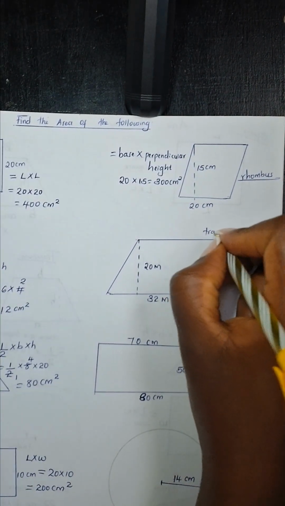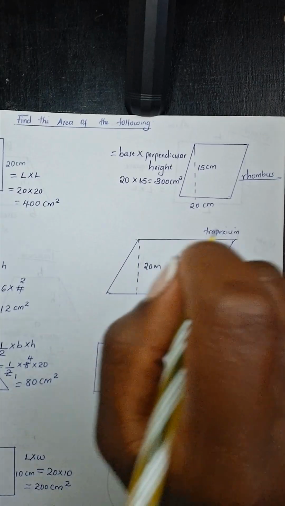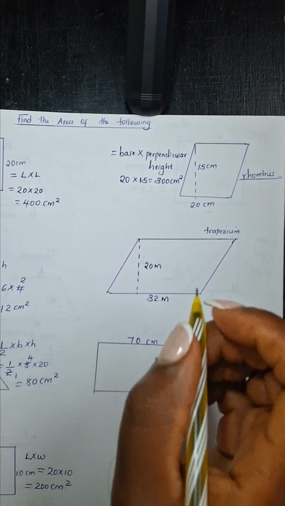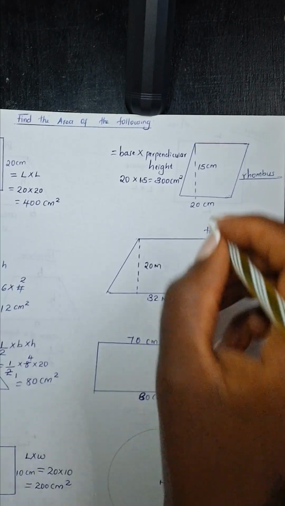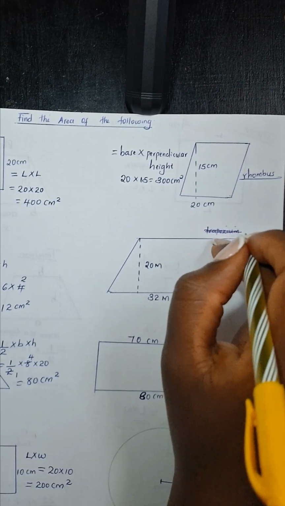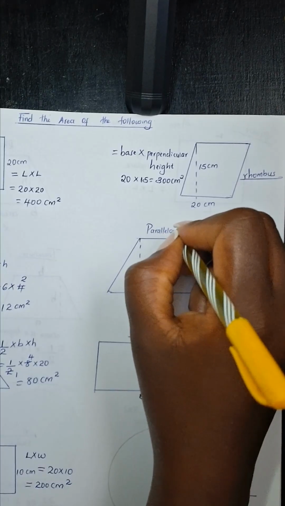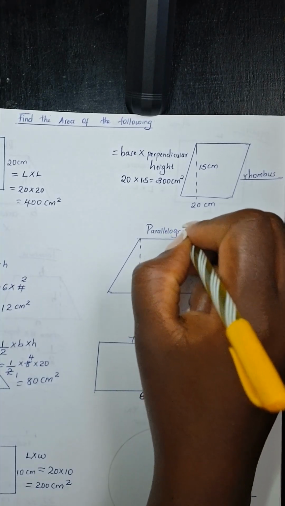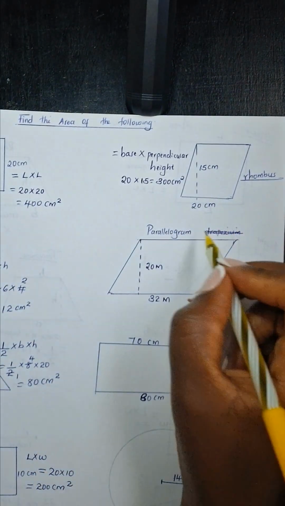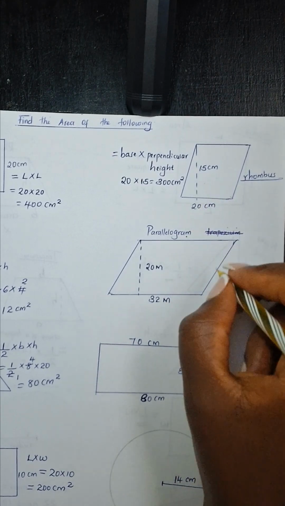This is a trapezium. So remember I had said, how do you get the area of a trapezium? We had said, no, this is not a trapezium. Sorry. This is a parallelogram. So how do we get that? Again, I said the area of a parallelogram and of the rhombus are found the same way.